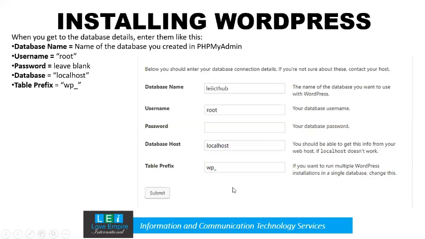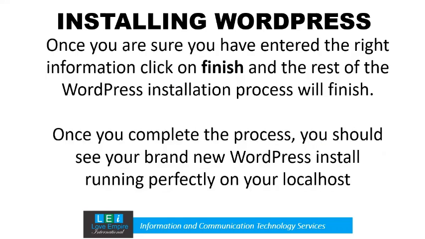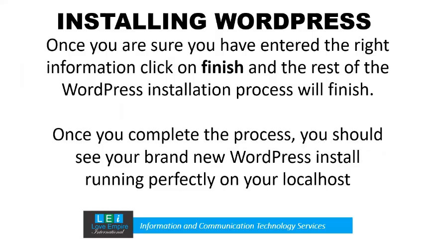Then where you have the table prefix, you have wp_. So this is the information you enter, then you click on submit. It will take you to another page where you have some little stuff running. Then at the end, just click finish.